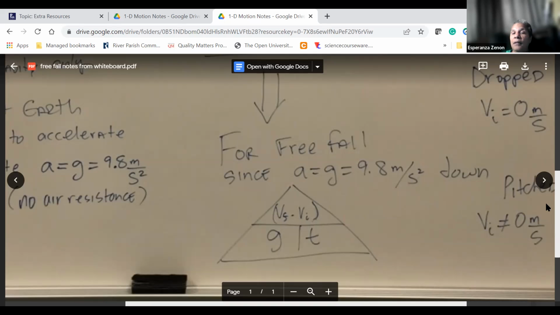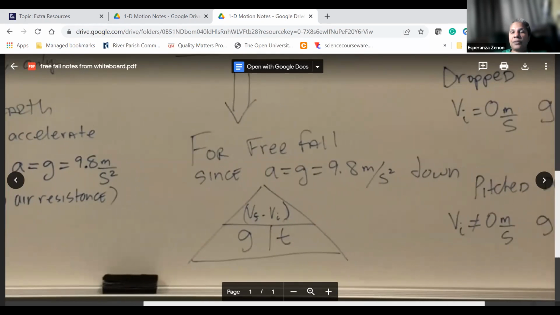For example, if I wanted the time, then I'd have to take VF minus VI divided by G. Or if I wanted to get VF minus VI, I'd have to cover that up and then multiply G times T, right? So if it's free fall, it just means it's one less thing that you have to worry about finding because you already know the acceleration. And so that's what this screen helps you to do.